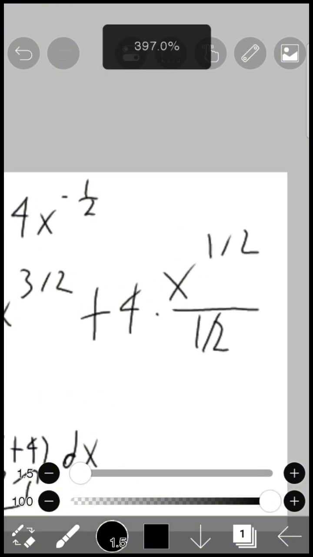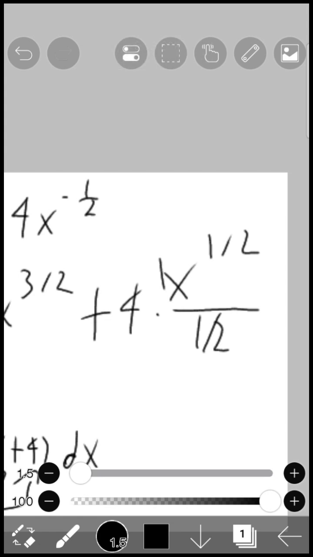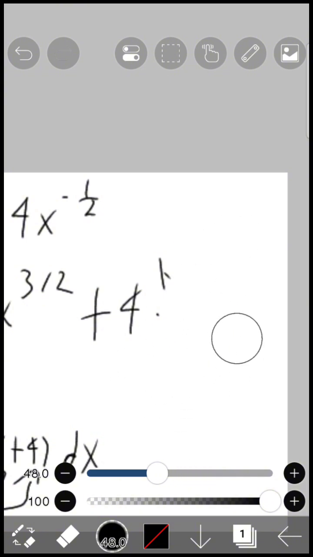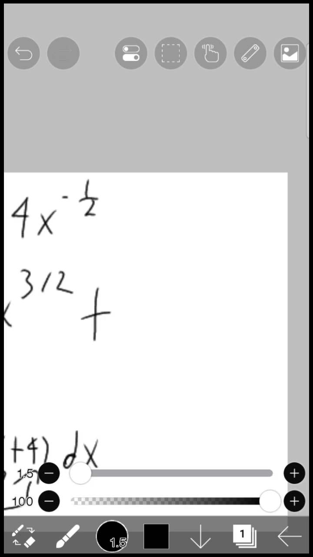Now remember, guys, we have an invisible 1 here, and this is divided by 1/2. We can go ahead and simplify that. As we all know, 1 all over 1/2 is equal to 2. That's surprising, isn't it? So let's write that as 4 times 2x to the 1/2.